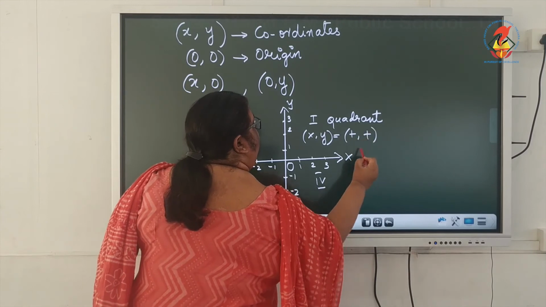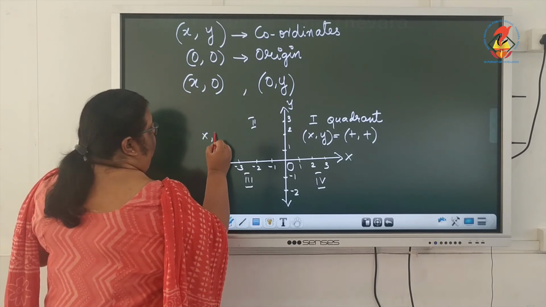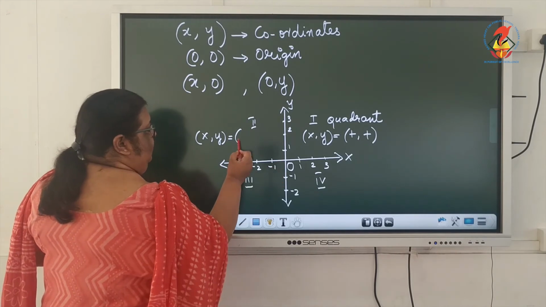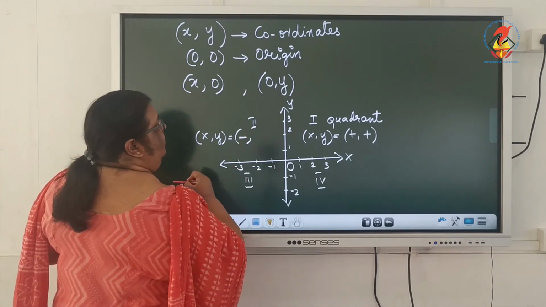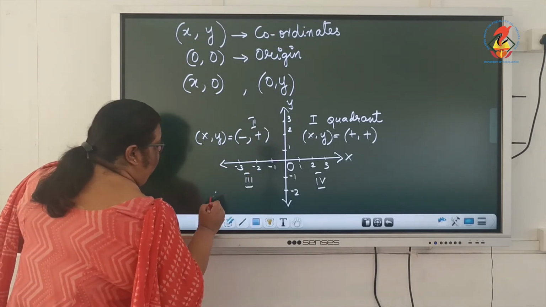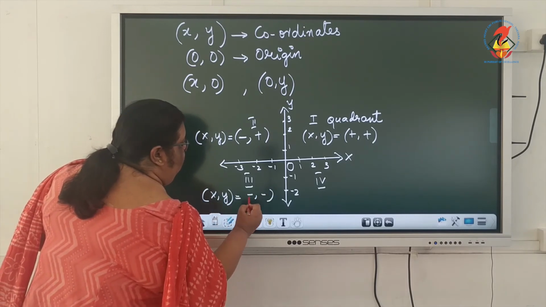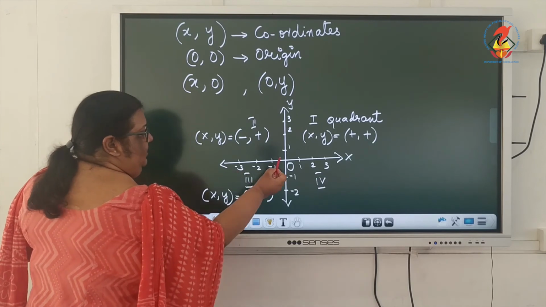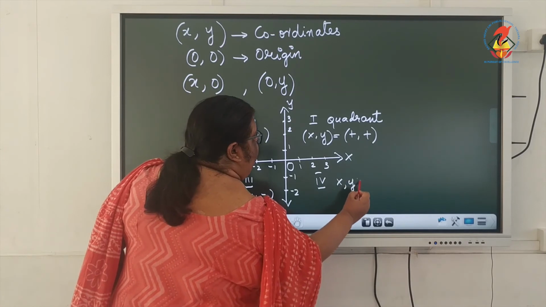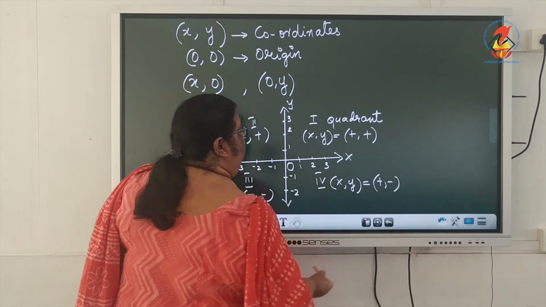Both will be plus and plus. On the second quadrant, ordered pair (x, y), what about the signs? It is negative x, then positive y. On the third quadrant, the signs for x and y will be negative and negative. On the fourth quadrant, the signs will be positive and negative.